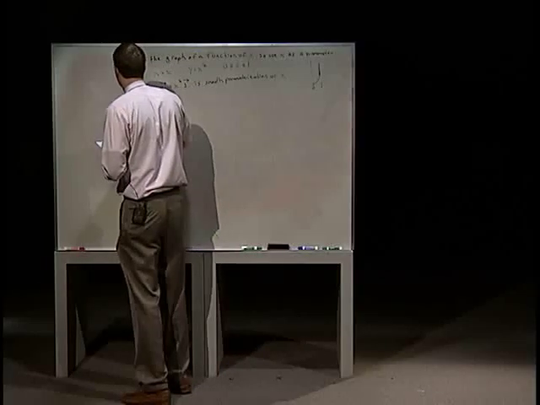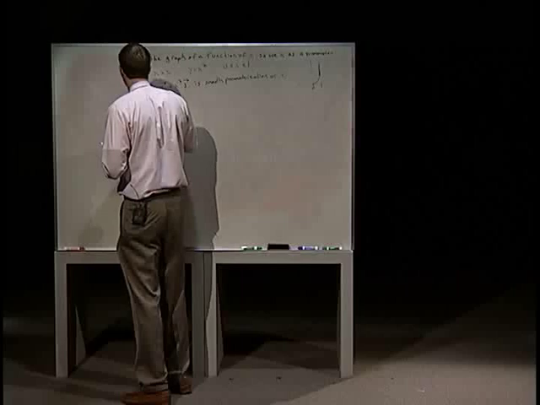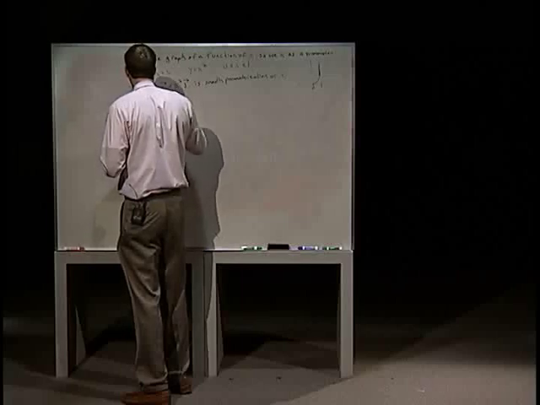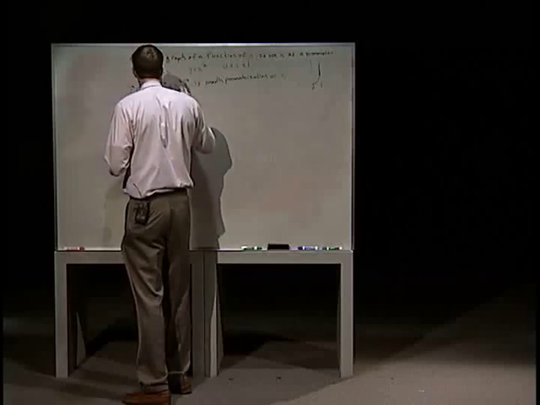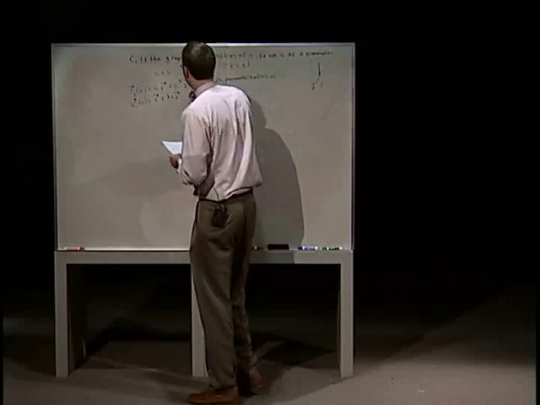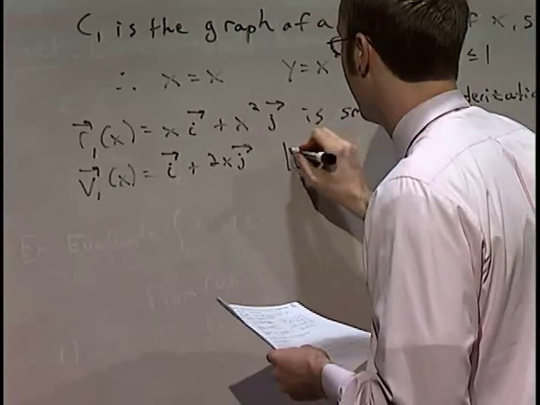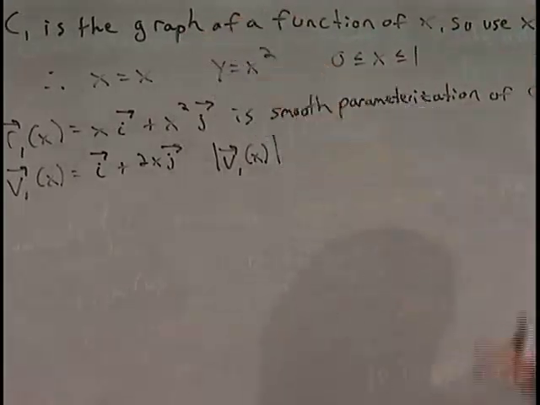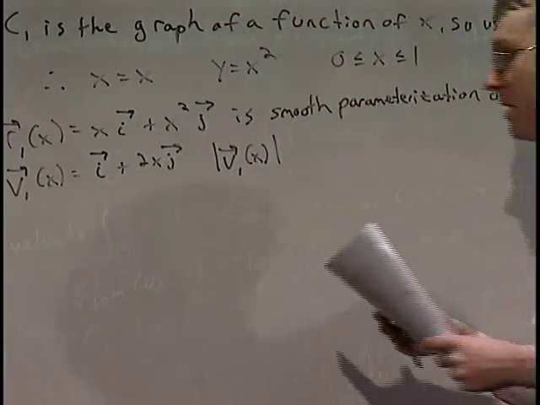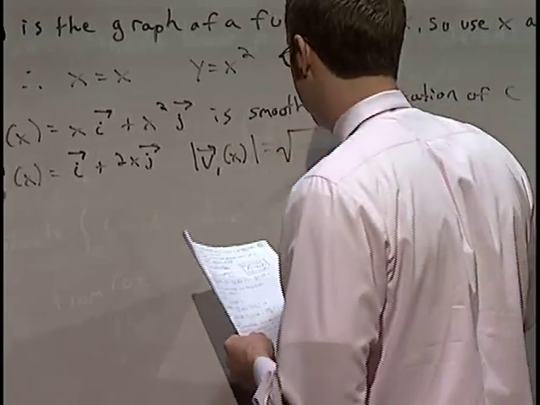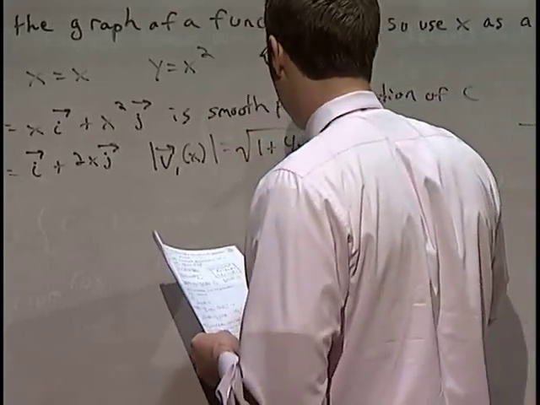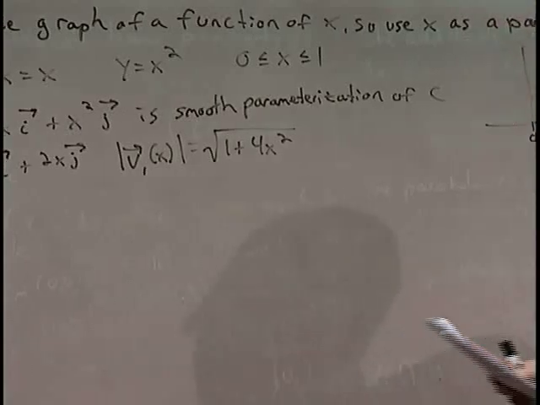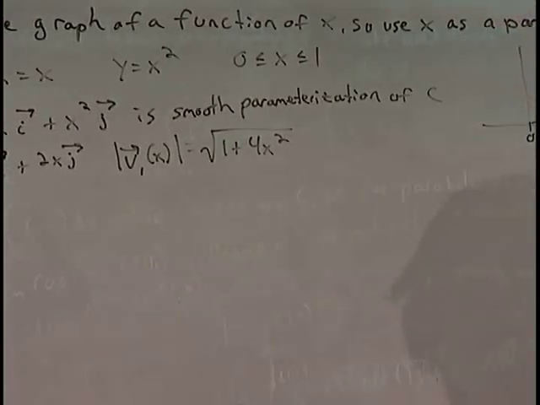And let's see here. We need the velocity of that. So we have i plus 2x j. And so the length of the velocity, I'm calling this v1 and r1 because it's associated with C1, the first part of the graph. So the length of the velocity here is the square root of 1 plus 4x squared. Okay. So the length this time doesn't involve x.